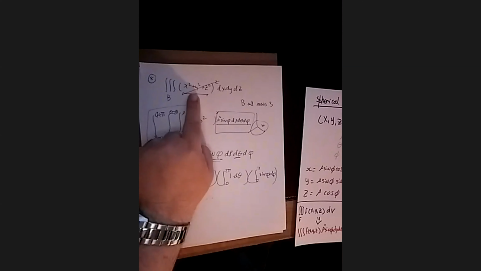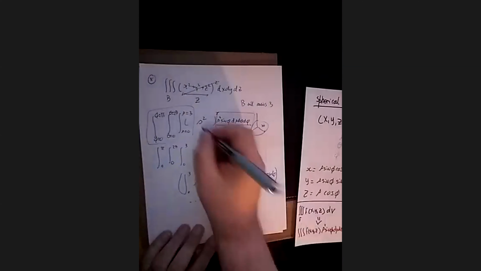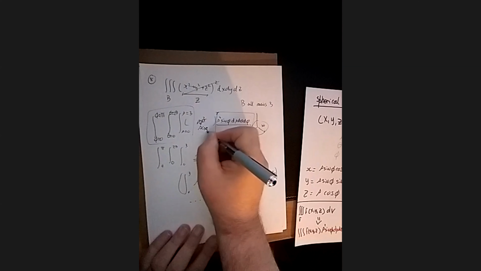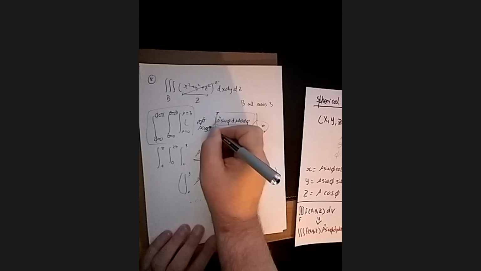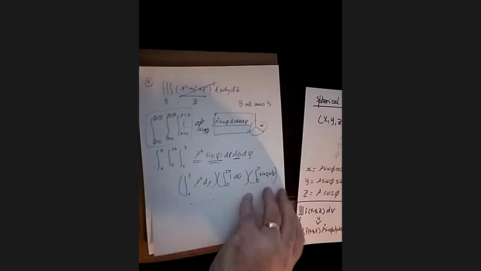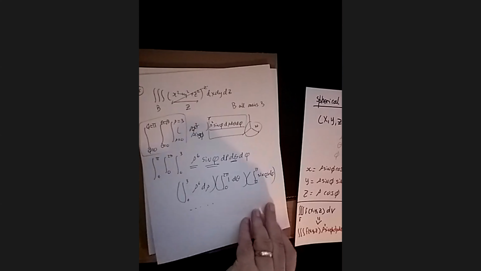The only thing that would happen is that the z would get replaced by rho cosine phi. And then you split it up into little bits and get the same kind of result. Are we good? Yep. Right.